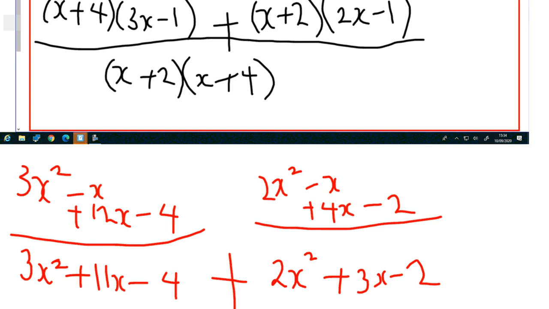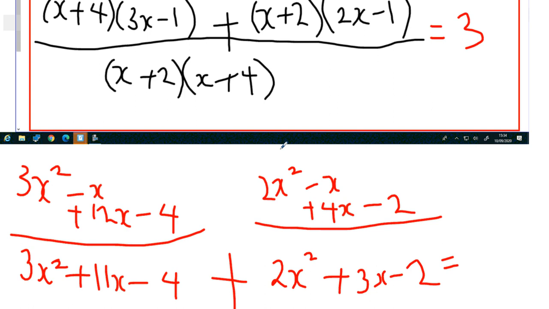Now, this 3x squared plus 11x minus 4 plus 2x squared plus 3x minus 2 equals this whole bit here. Remember, we still have this whole bit here to be equals 3.